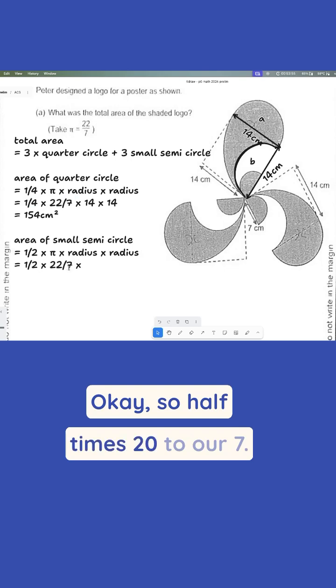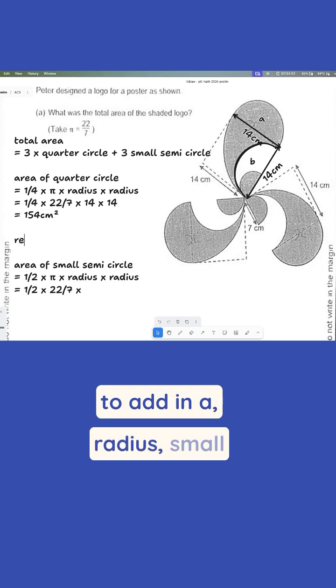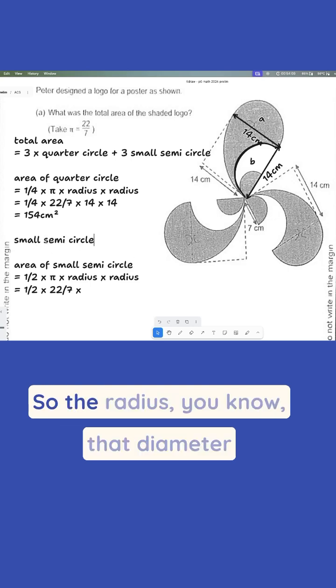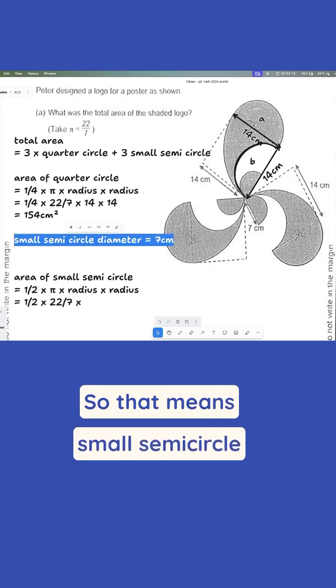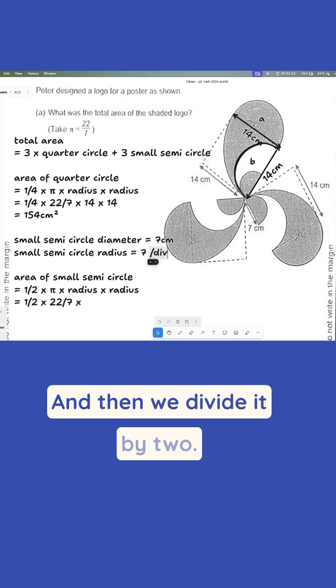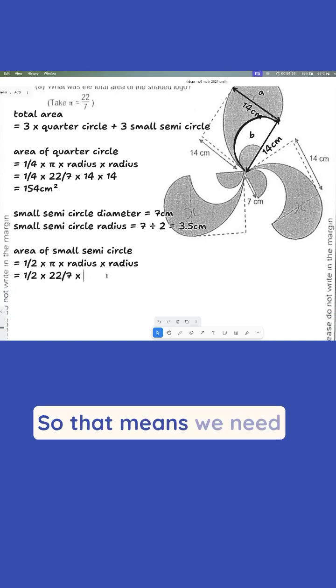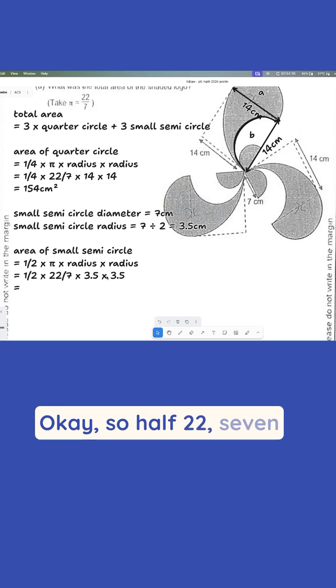So half times 22 over 7. The diameter of the small semicircle is 7 centimeters, so the small semicircle radius is 7 divided by 2, which gives us 3.5 centimeters. That's what I see over here. So we multiply 3.5 times 3.5. Half times 22 over 7 times 3.5 times 3.5.